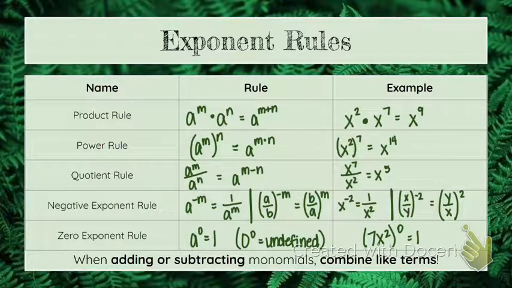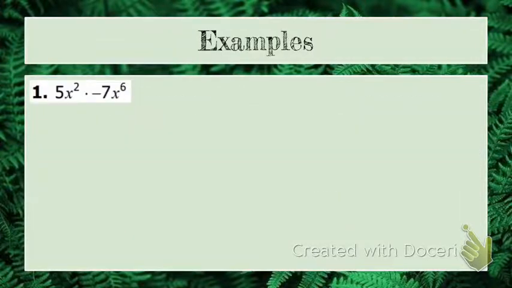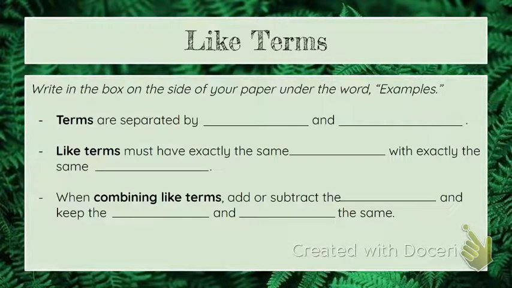And then at the bottom, it says here that when we add or subtract monomials, we should combine like terms. So what are like terms? I want you to write this in the box that's on the side of your paper under the word examples. I guess it's not a box by itself, but in that empty space under the word examples, write these notes down.